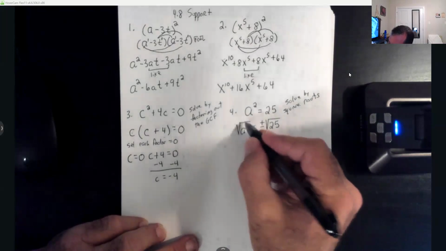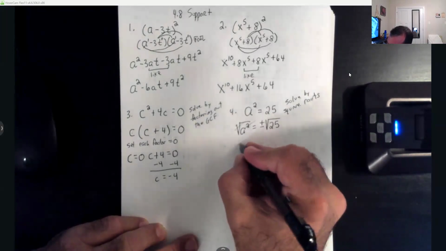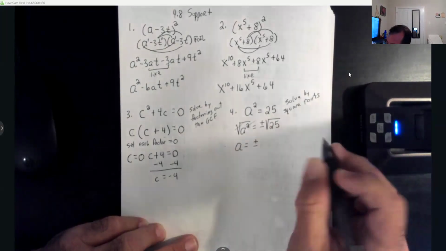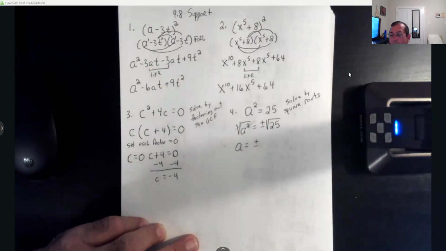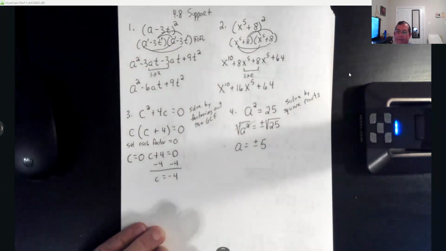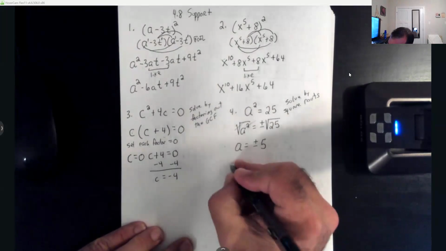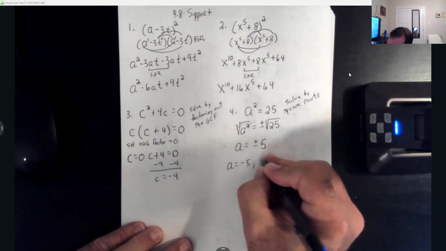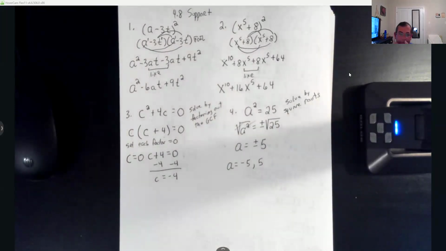So y'all, this square root cancels with that exponent, leaving my a. That's going to equal plus or minus. And y'all, guess what? Square root of 25 is 5. So my two answers would be a equals -5, comma, +5.